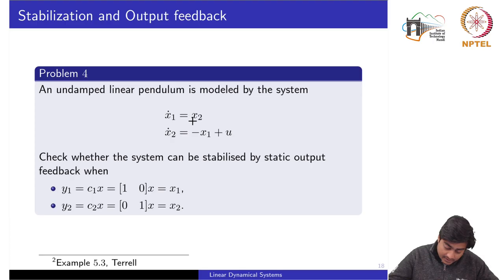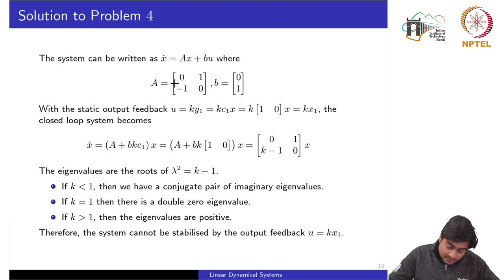Okay, so let's see. The A, B matrices for the system are given by these matrices, and we want to apply this feedback, which is given by u = k y1, and y1 is nothing but C1 x, and C1 is [1 0], where I am taking actually the state 1, the first state.